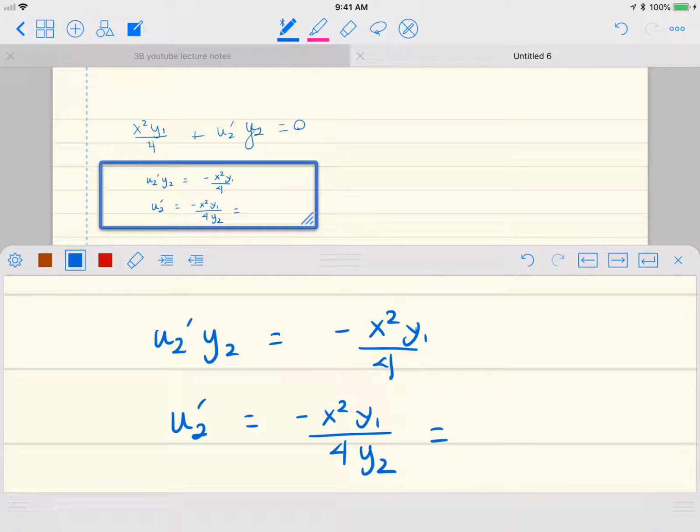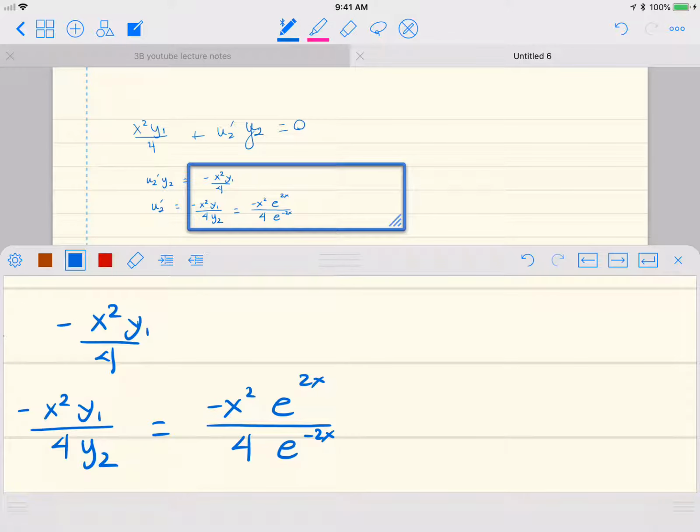Now go back. What is y1? y1 is e to the 2x. What is y2? e to the negative 2x, right? So dividing by e to the negative 2x gives negative x squared e to the 4x over 4.